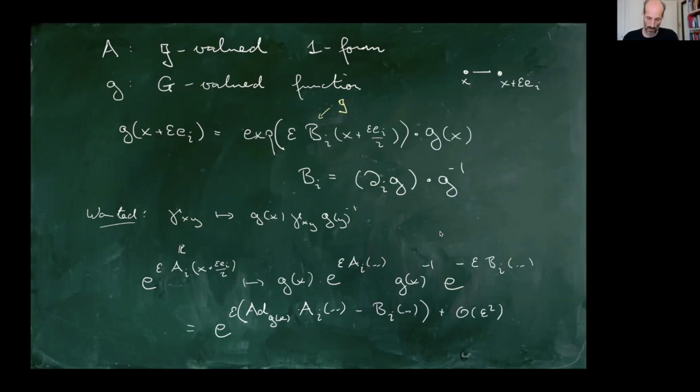So it tells me that the a, so a of x, say, transforms by pointwise conjugation with g, but then minus this b, and the b was just the dg times g inverse. Okay.